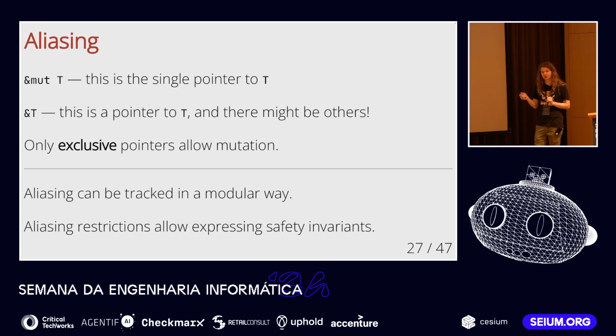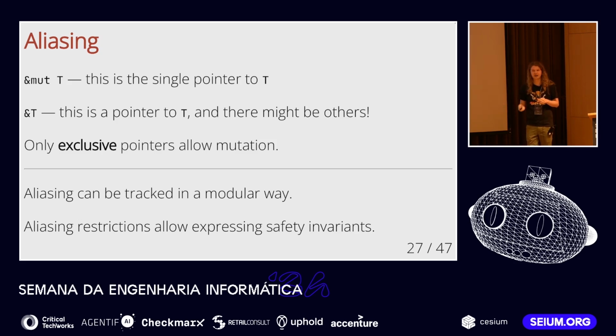In the Rust type system, the compiler classifies pointers into exclusive pointers, which means that, hey, this is the single pointer to this memory, and no other pointer can access this, or shared pointers, meaning that, hey, this is a pointer to an item, but there might be other pointers to this item.